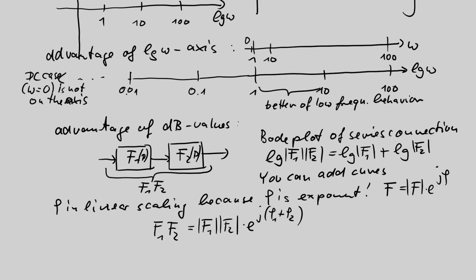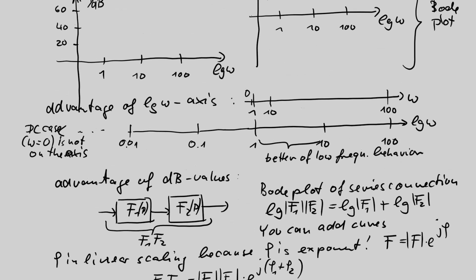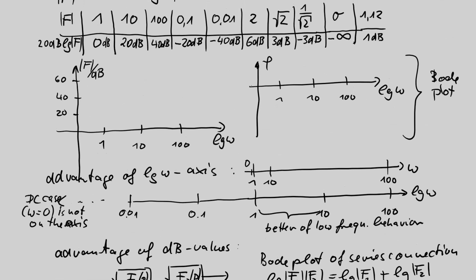And finally, the last advantage of the double logarithmic display is that our filter functions have polynomial functions in the numerator and denominator, and the double logarithmic display gives straight line asymptotical curves.